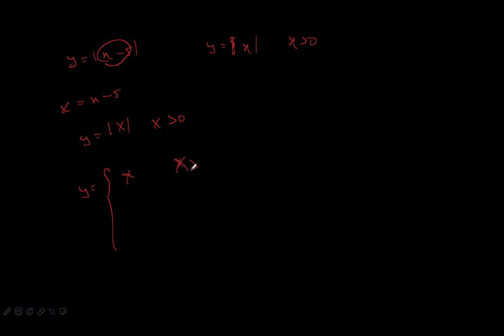y equal to mod of x minus 5. As you all know, generally, substitute x minus 5 with capital X, y equal to mod of capital X. For capital X greater than 0, the equation is y equal to capital X. For capital X less than 0, the equation is minus capital X. Now, capital X is x minus 5. x minus 5 is greater than 0, so x is greater than 5.